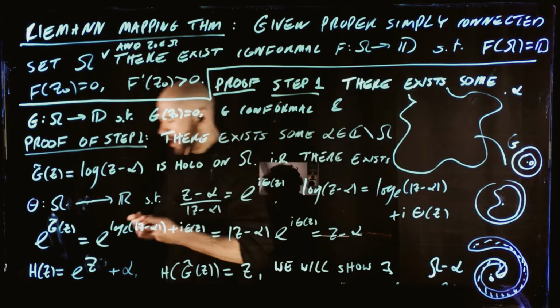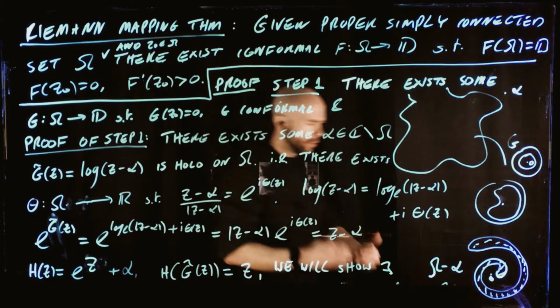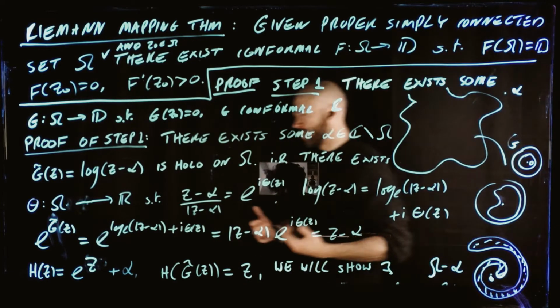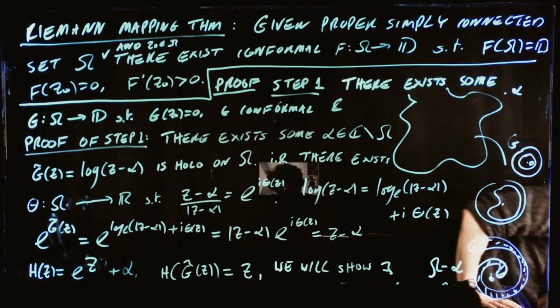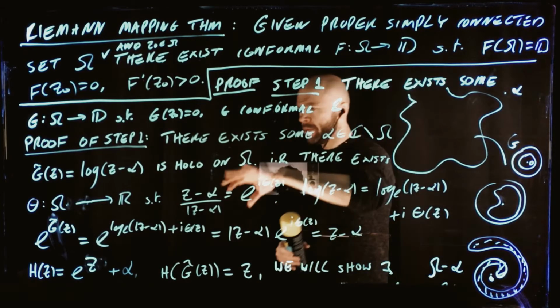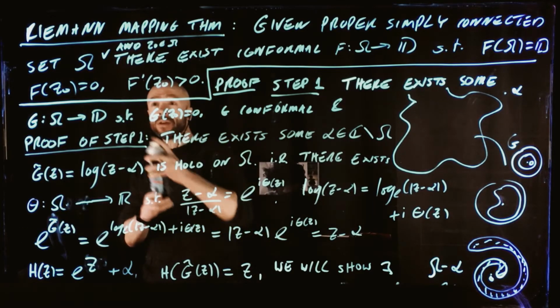Okay, so while I erase the board, tell me why, after we've done something like this, we have the chance to build a conformal mapping that actually makes the image of omega bounded. Think about that and try and give me a suggestion while I erase the board. We show that the image of G tilde of omega is not the entire complex plane.